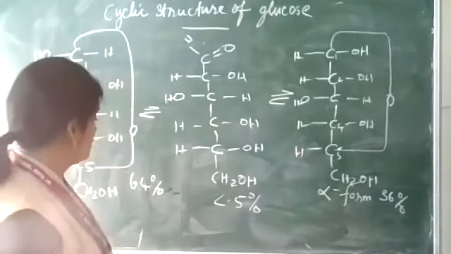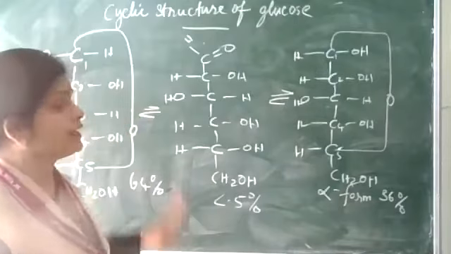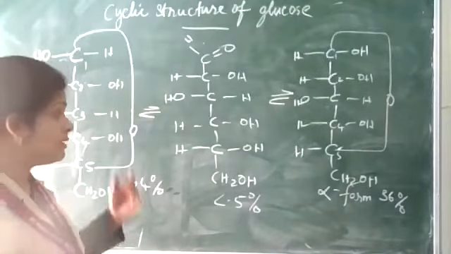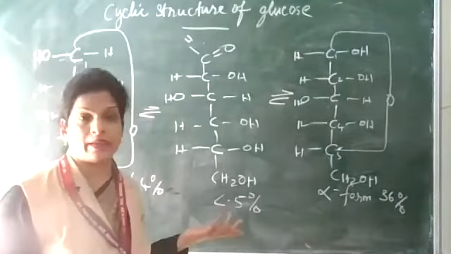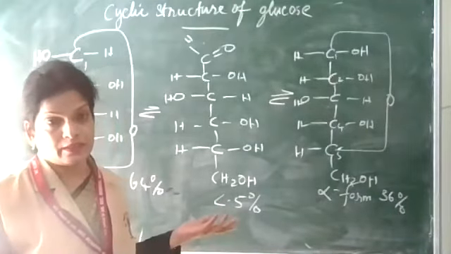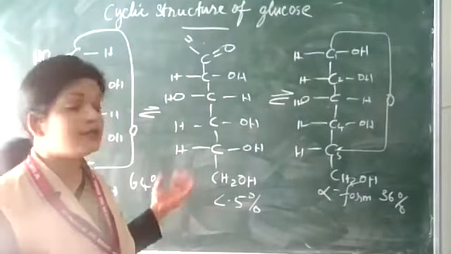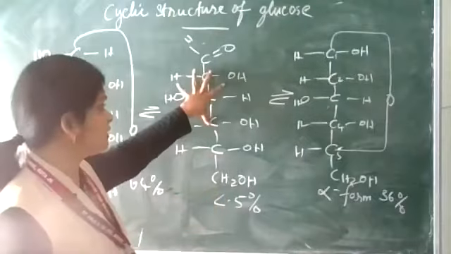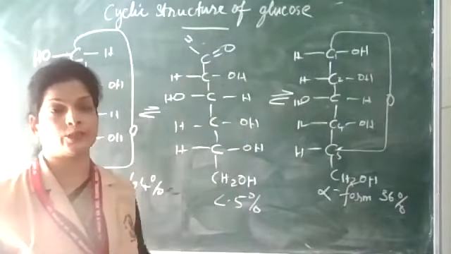So these are the evidences for the absence of the aldehyde group. Some reagents do react with glucose, for example HCN and NH2OH. They give irreversible products, meaning the product is removed from the reaction mixture.